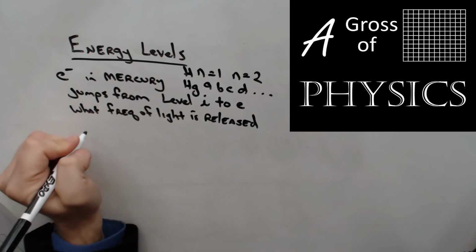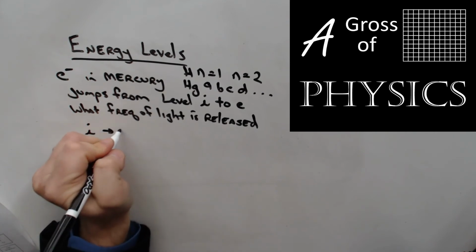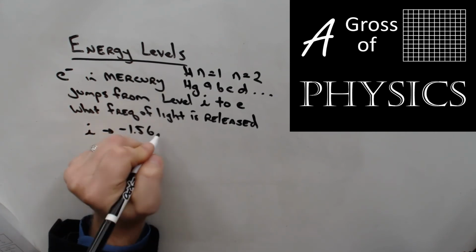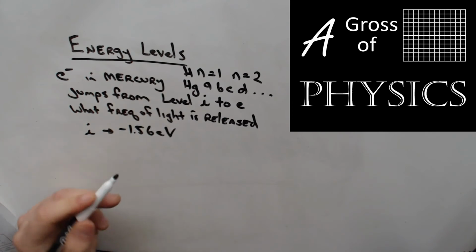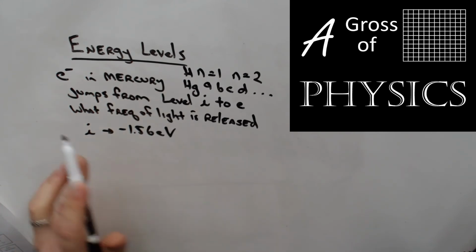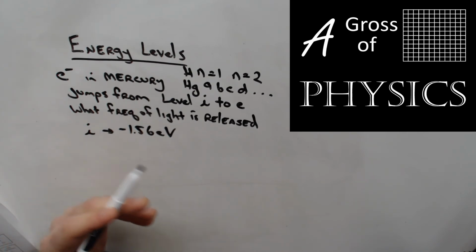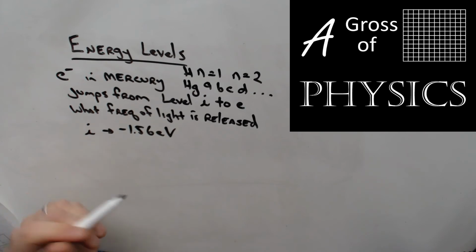And if we're in the I level, according to the reference table, the value is listed as negative 1.56 electron volts. Now the reason they're negative is because at the surface of the atom, that's considered zero energy in terms of the electron being removed.